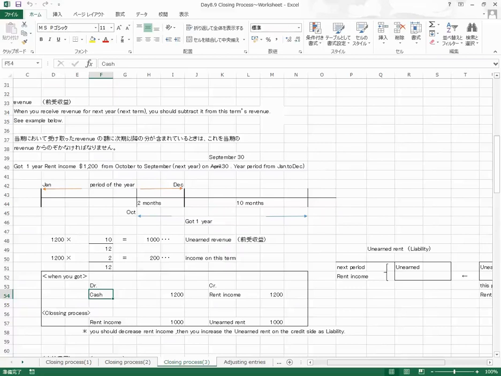So just subtract what you will earn next term. It is on the left side, and on the right side, what will be next term as liability.